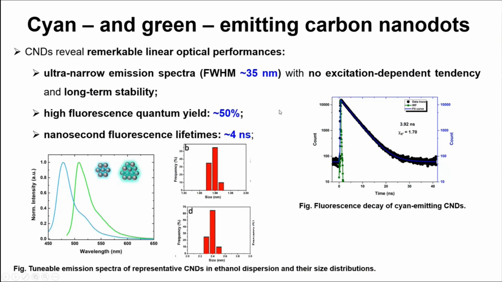We got some remarkable linear optical performances of those nanodots. So, ultra narrow emission of about 35 nanometers with no excitation-dependent tendency and long-term stability, with a quantum yield of almost 50%, which is also quite remarkable, and nanosecond fluorescence lifetime.